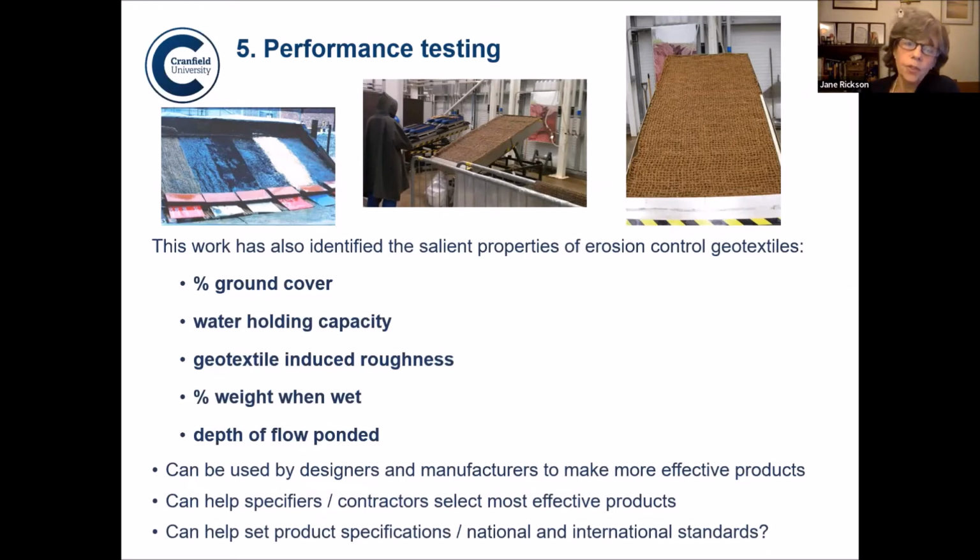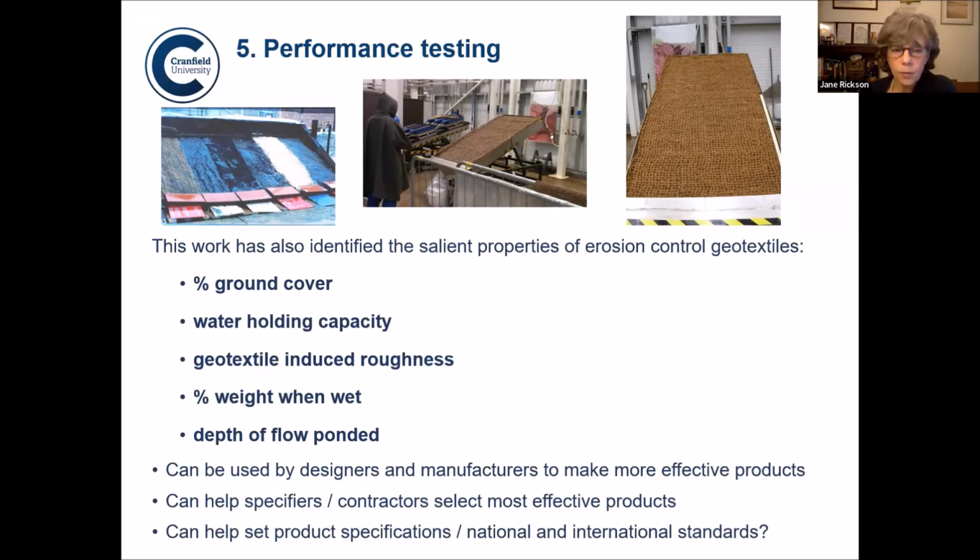But anyway, just in summary for that performance testing, we've now got robust statistical evidence to show what the salient properties of erosion control geotextiles are: the ground cover, the water holding capacity, this geotextile induced roughness, the percentage weight when wet, and the depth of flow ponded.